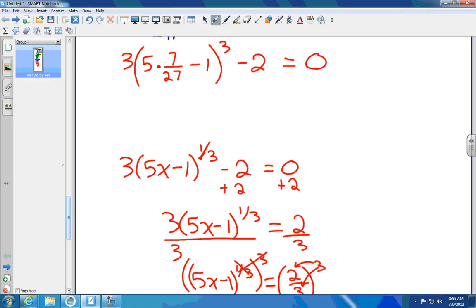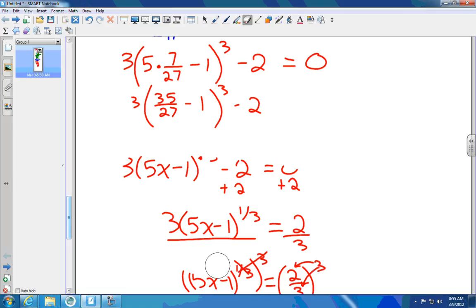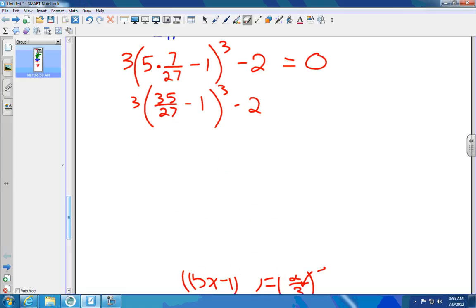What's 5 times 7/27? 35 over 27, and then minus 1, and it'd be 8 over 27. Right? It's kind of undoing what we did to solve. So it's possible we'll end up back where we were. What was it? 8 over 27.